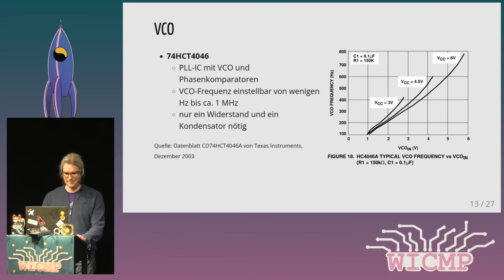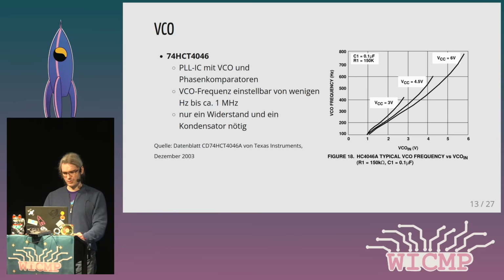This is a PLL IC with VCO and phase comparators. If you would do it the right way, then we probably could also implement this with just one chip, but it looks a little bit more interesting if we use a VCO.